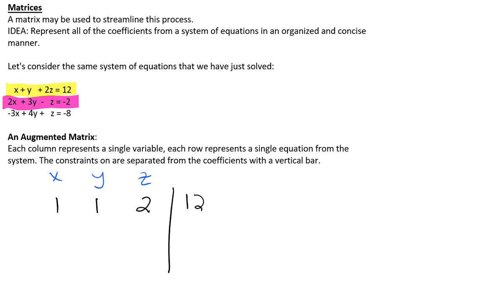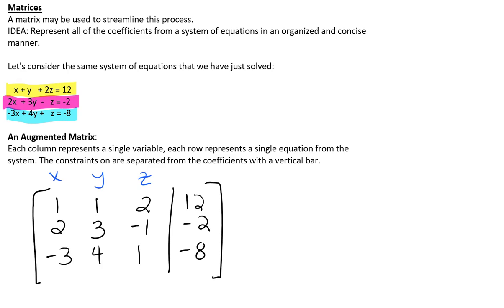In the second equation, we have 2 x's, 3 y's, a -1 z, and our constraint is -2. So we're representing the coefficients and the constant. And finally, let's look at the third equation. We have -3 x's, +4 y's, a +1 z, and a -8 for our constraint. We enclose all of this in a big bracket, and that is what's called an augmented matrix.